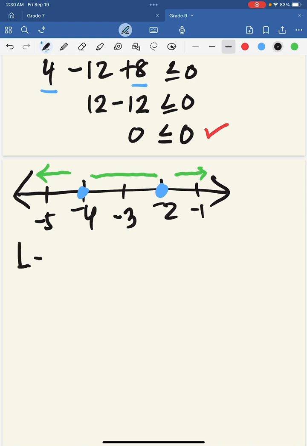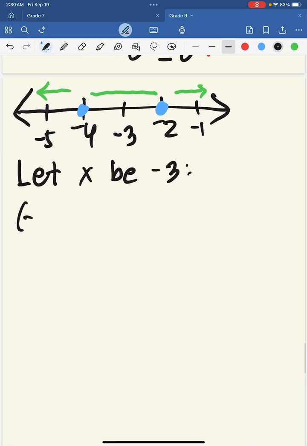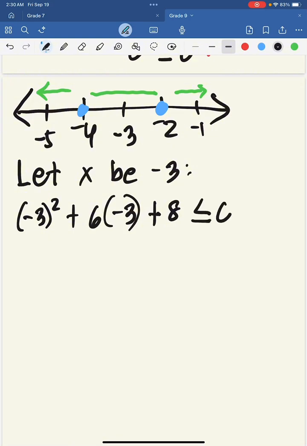So let's have negative 3. So let x be negative 3. So we have negative 3 squared plus 6 times negative 3 plus 8 is less than or equal to 0. Negative 3 squared is 9. 6 times negative 3 is negative 18, plus 8 is less than or equal to 0.